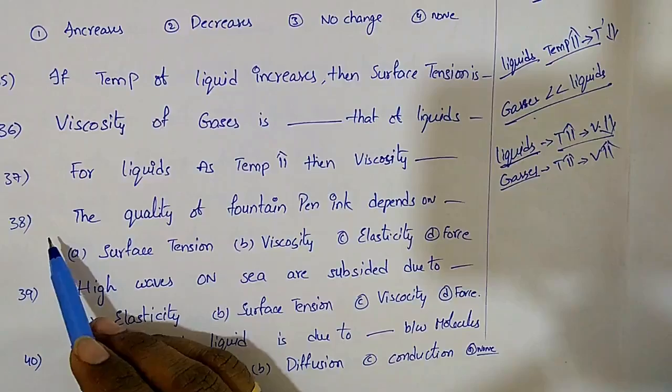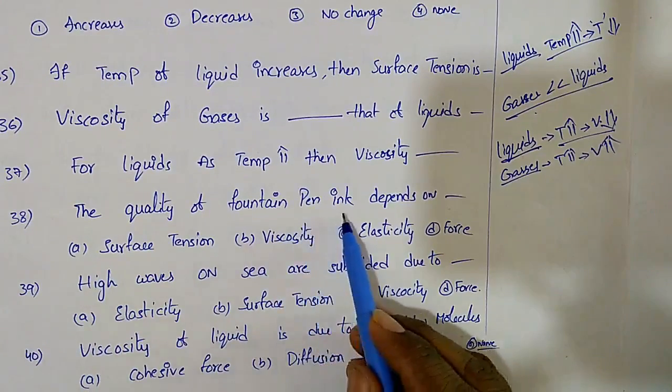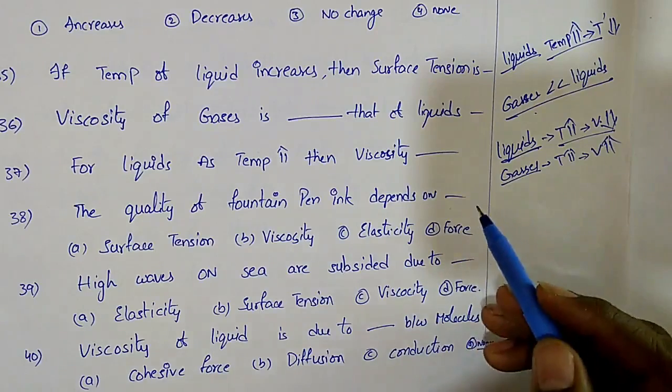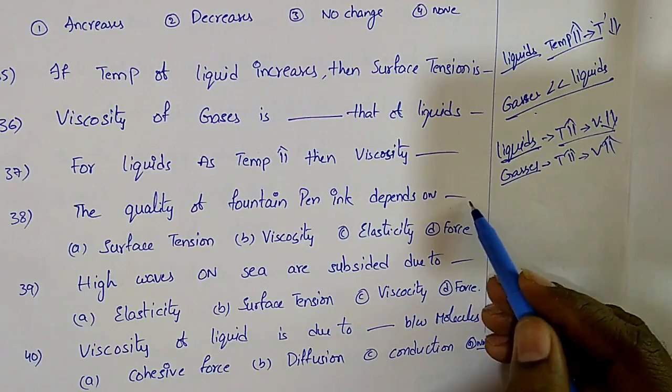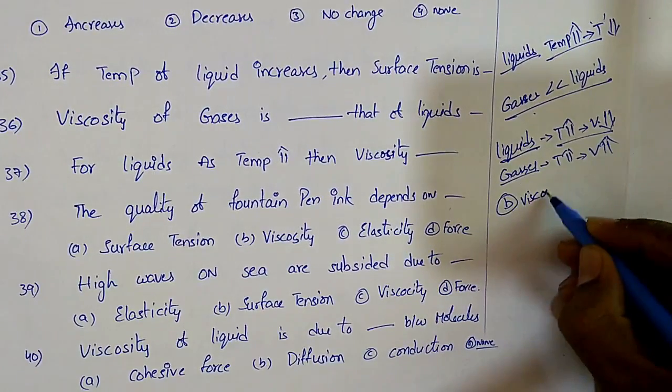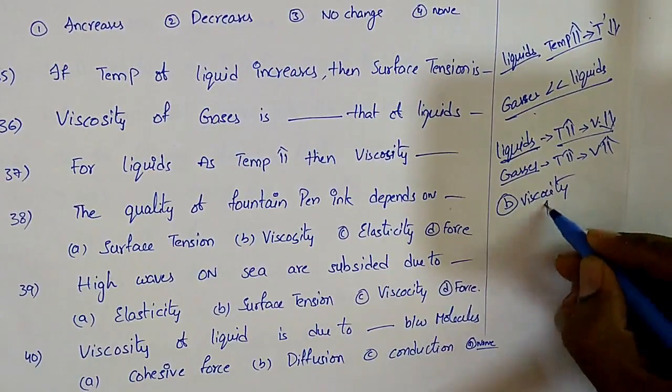Next question, 38. The quality of fountain pen ink depends on dash. It depends on viscosity, option B. This is an application of viscosity.